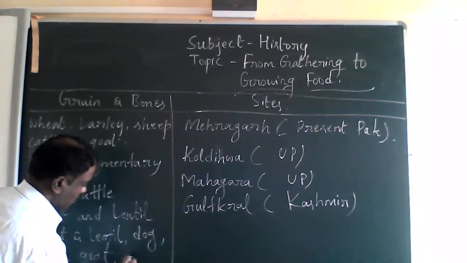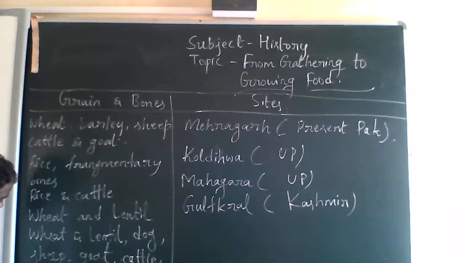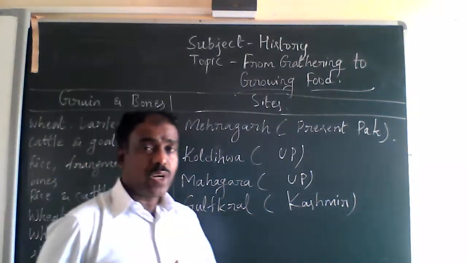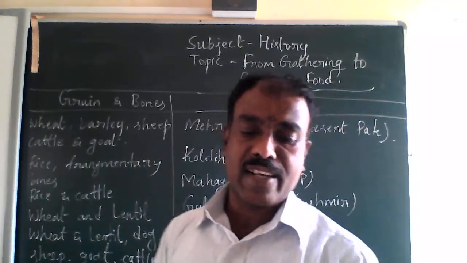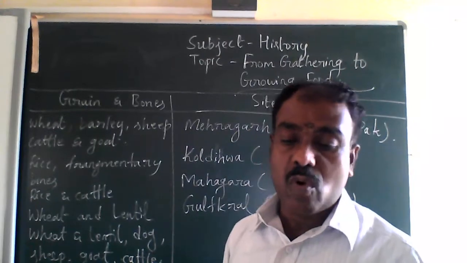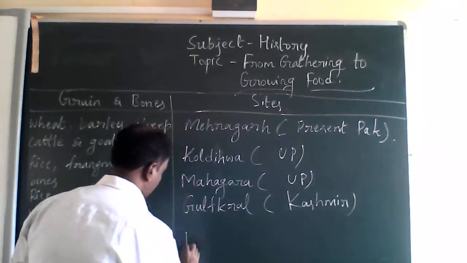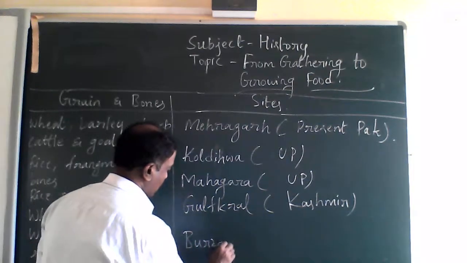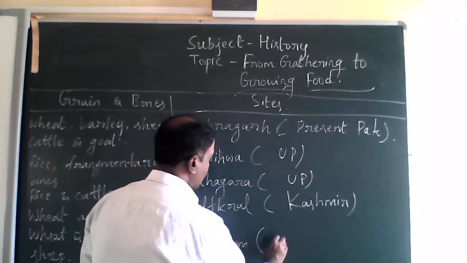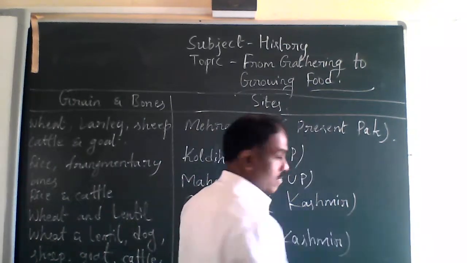See, a greater number of different food grains and animals, including cattle, sheep, and goat, were found in Burzahom. This is also in present-day Kashmir.